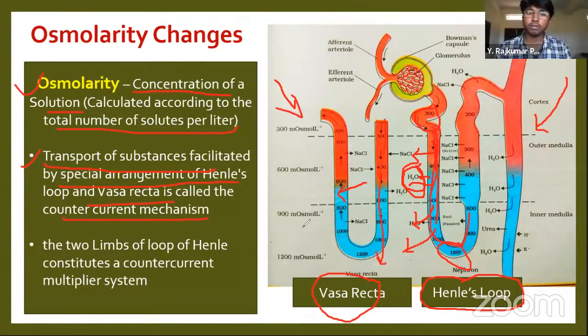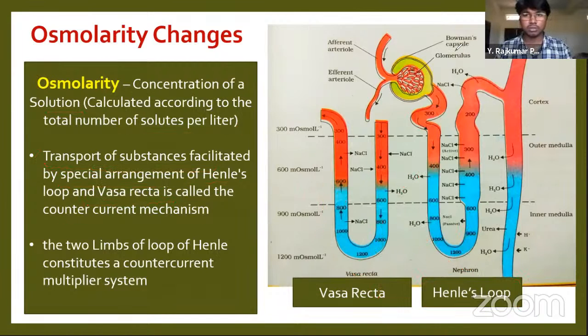Blood is coming down and going up. So the flow of the filtrate and blood is opposite to each other. Since it is opposite, it's called counter current fashion, and this counter current fashion and the concentration changes in it are called the counter current mechanism. We will see the next structure, so you will get a proper idea regarding this.